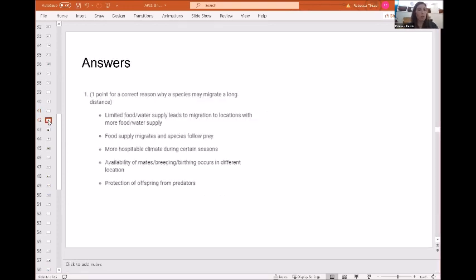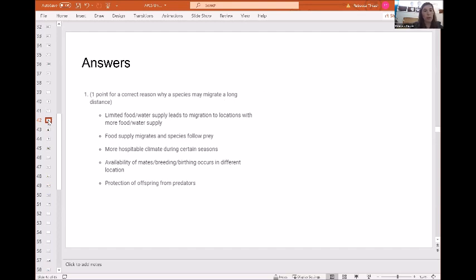So 1 point for a correct reason why a species may migrate. Let's look at that first. A lot of you talked about going to where the food is. So whales may migrate to locations with more food or water, or especially for birds, water supply.